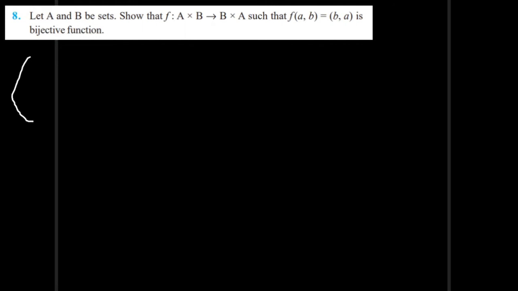This is the domain, and this one is the codomain. So this is the domain A cross B and this part is B cross A, the codomain.